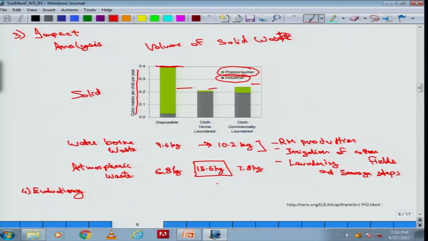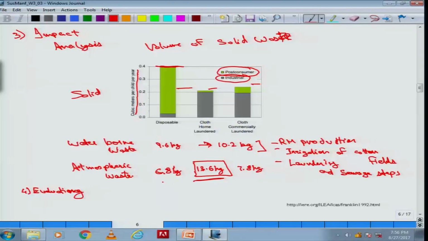This increase is so significant that the home laundered diapers produced more atmospheric waste through laundering than the exhaust produced from transporting vehicles, commercial vehicles for the disposable diapers. So, we can see here that in case of waste, the disposable diapers are winning here.